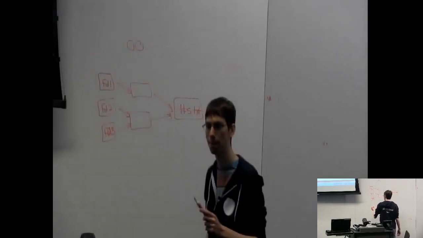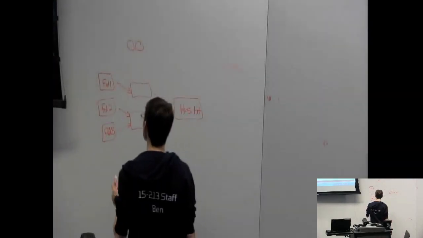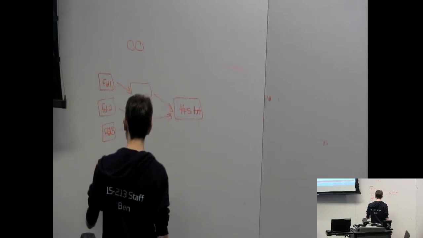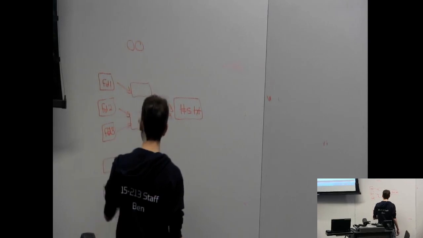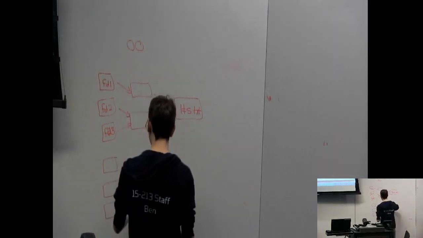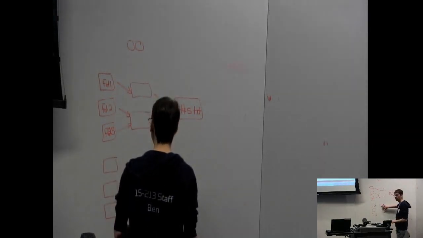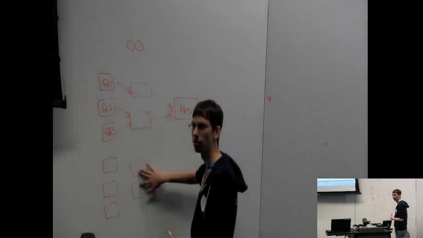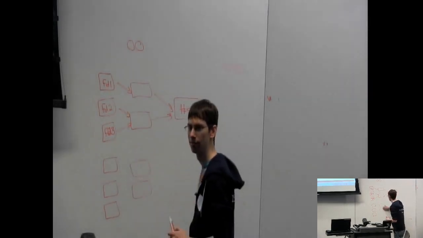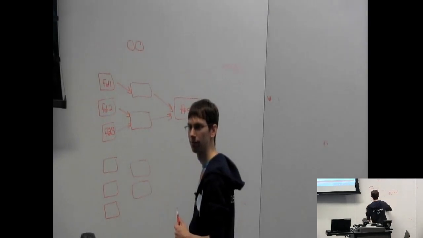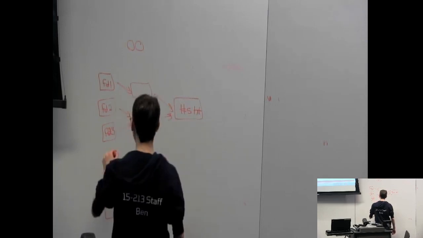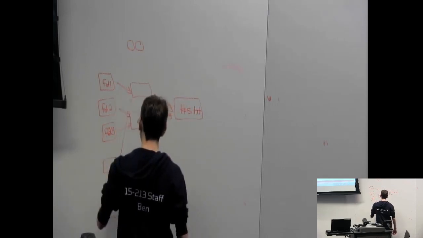So what does the child look like? We get new file descriptors, right? Do we get new information about where we are in the file, or is this shared? It would be the same, right? Yeah, okay. So now the child has its own file descriptors up here.